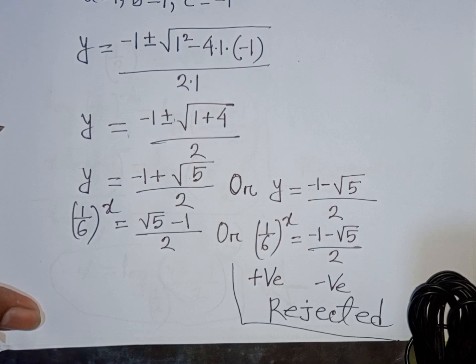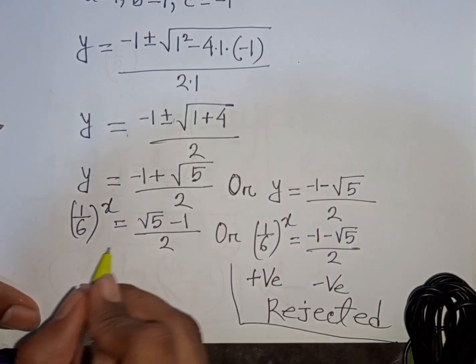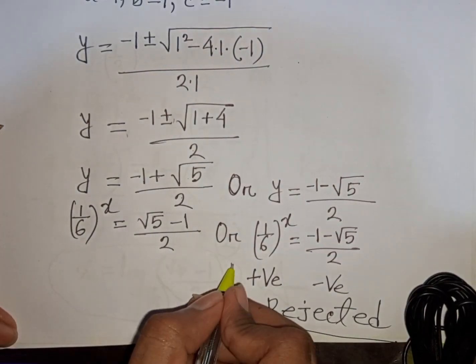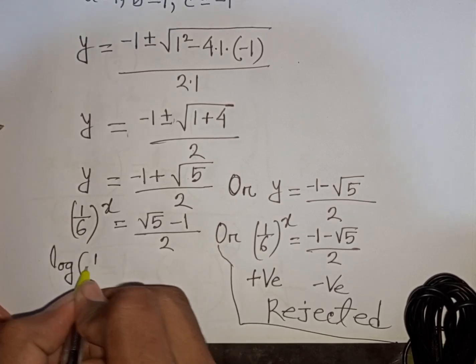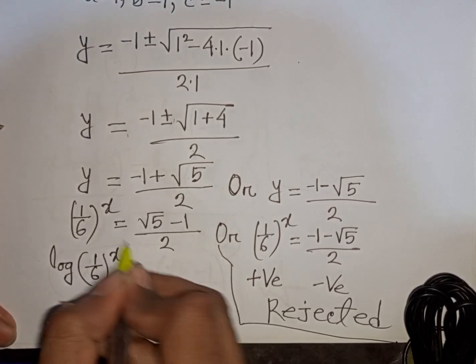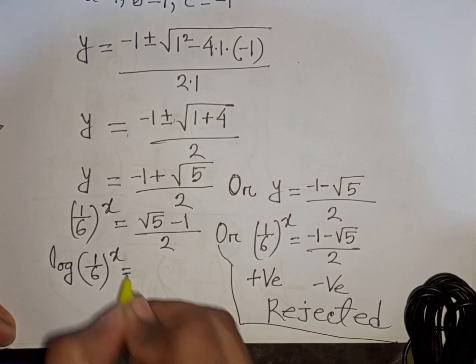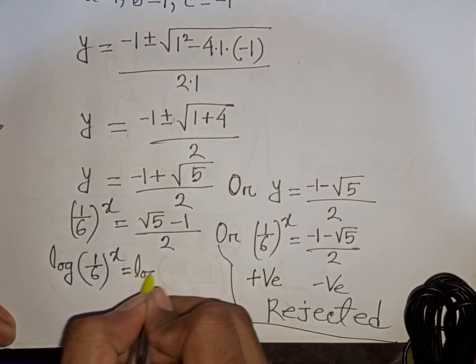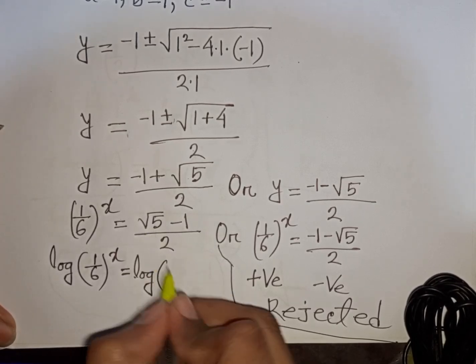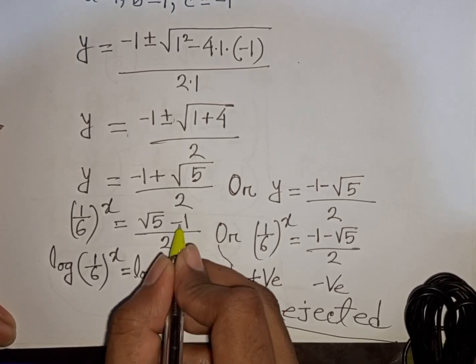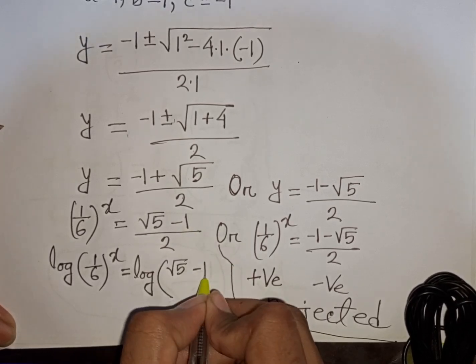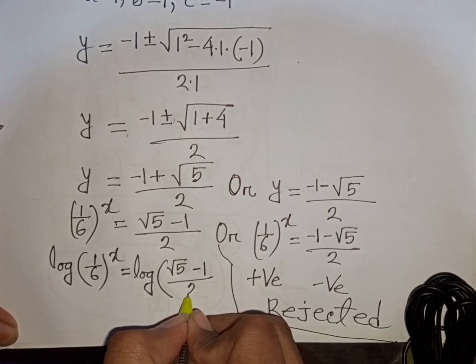Now from here we take log on both sides, so you can write log of 1 by 6 bracket power x is equal to log of square root of 5 minus 1 divided by 2.